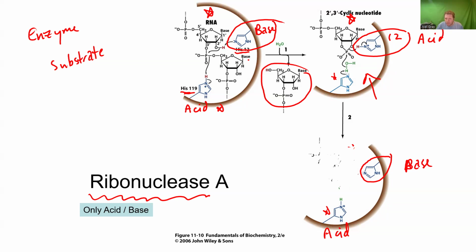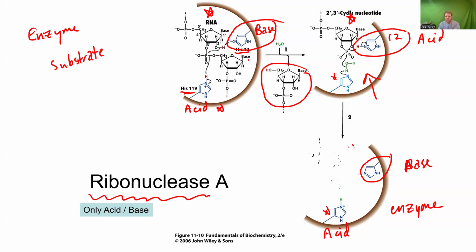In this bottom cell here, what do we have? We have histidine 119 acting as an acid, histidine 12 acting as a base. So in this bottom cell in the lower right-hand corner, my question for you guys is: is this enzyme ready for more substrate? Give me a Y or N.